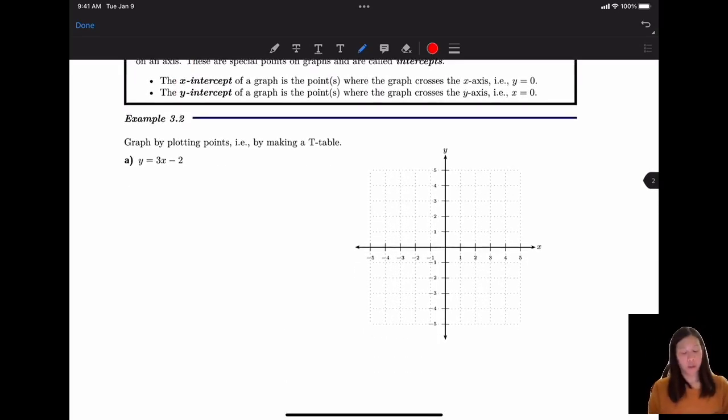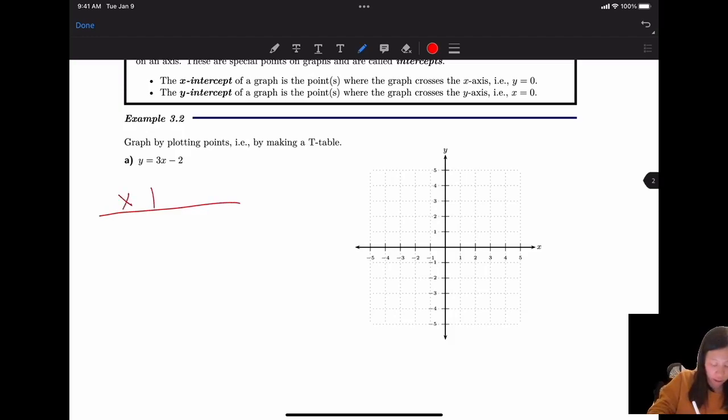Okay, so graph by plotting points, making a t-table. The t-table is this one.